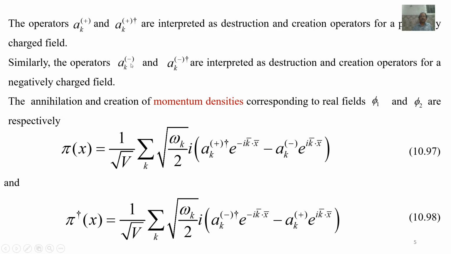So if minus is there, this is for negatively charged field. If plus is there, that is for the positively charged field. Now, similarly, the annihilation and creation of momentum densities corresponding to real fields phi 1 and phi 2 are given by phi of x as equation 10.97 and phi dagger of x as equation 10.98.